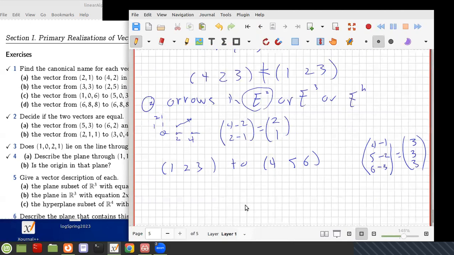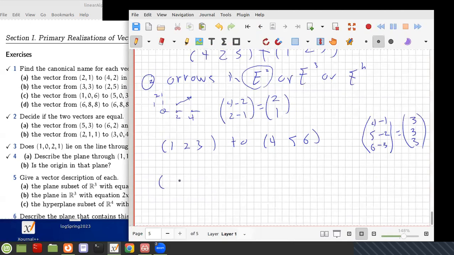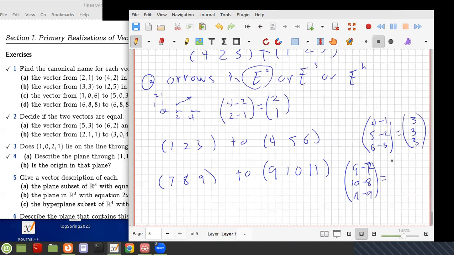Now, if I want to know, is that the same as the vector from (7, 8, 9) to (9, 10, 11)? Well, we'd find the canonical name of that, which would be 9 minus 7, 10 minus 8, and 11 minus 9, and that would equal the vector (2, 2, 2). So these are not the same vector.